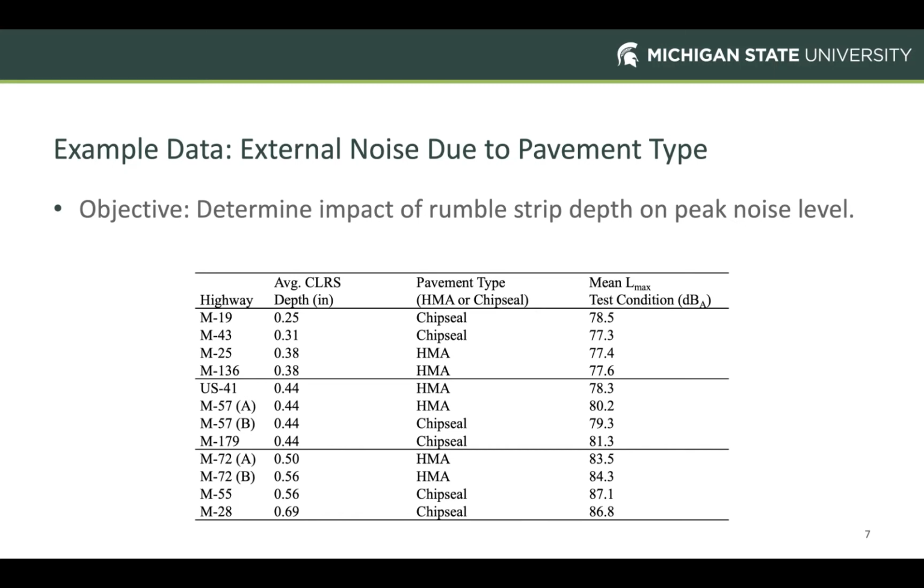There are no numbers ascribed to this. And so we're arbitrarily going to create a variable x2, which we'll set equal to 0 for the pavements that are HMA and equal to 1 for the pavements that are chip seal. And so as we change that variable from 0 to 1, our resulting parameter estimate would basically tell us what the change in noise level would be for a chip seal pavement as compared to an HMA pavement, okay?